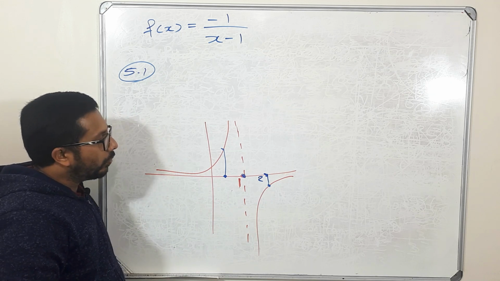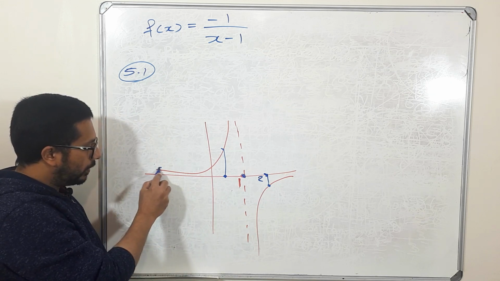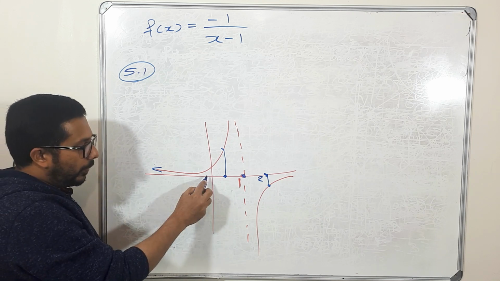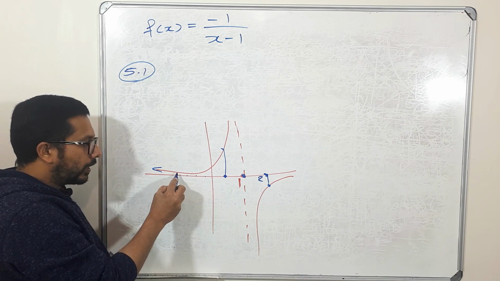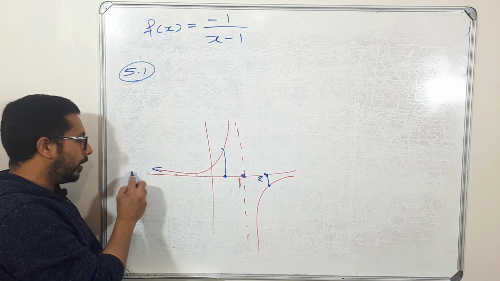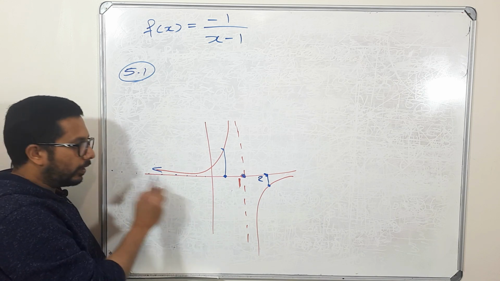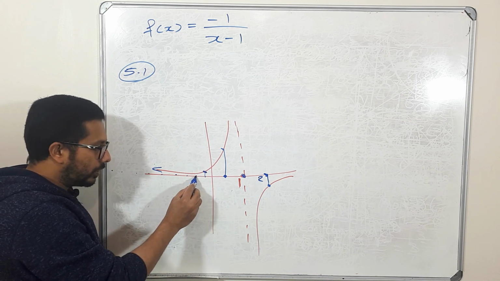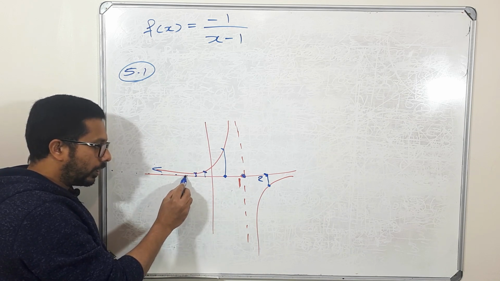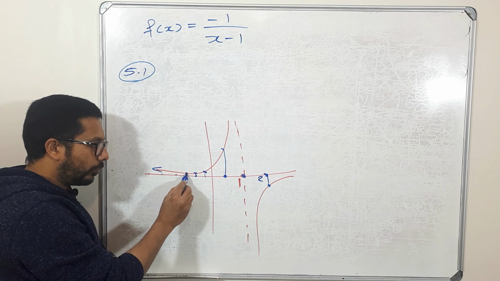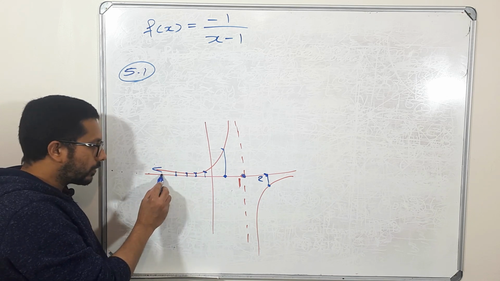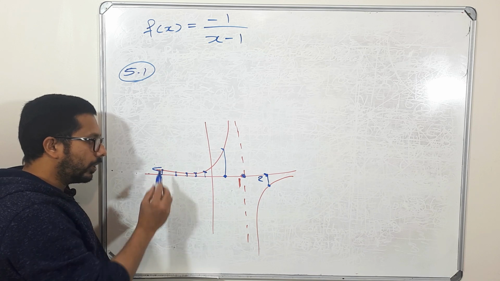So it means that you can't find any point on the graph when x is equal to 1. Now look at this side. This graph is continuing to this side. So on the negative side I can take any point. If I take this x value, I can find a point on the graph.